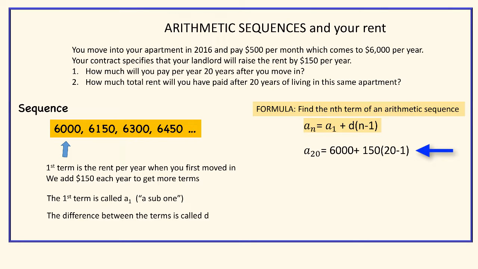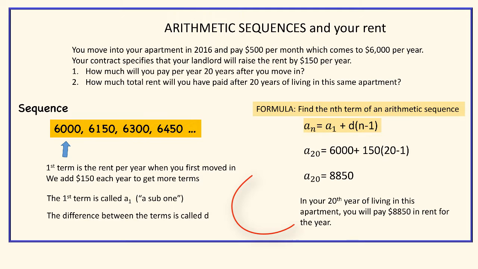A sub 20, the 20th year, is equal to where we started, 6,000, plus our constant difference of $150 per year, times, now we take which year we're looking for, the 20th, and subtract 1 from that. So plug this into your calculator, and you should come up with $8,850. That represents what you will pay in your 20th year of living in this apartment, should you choose to stay there that long.